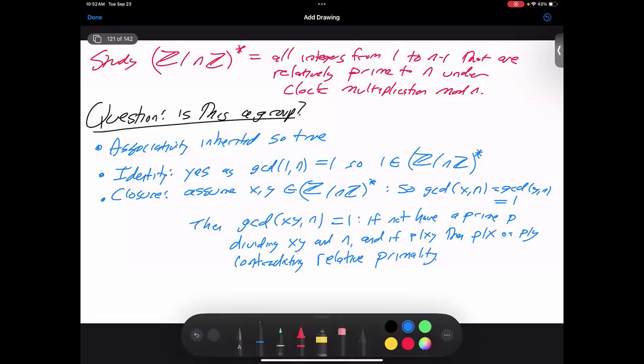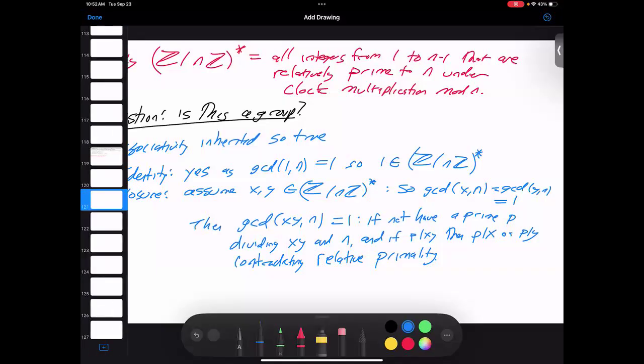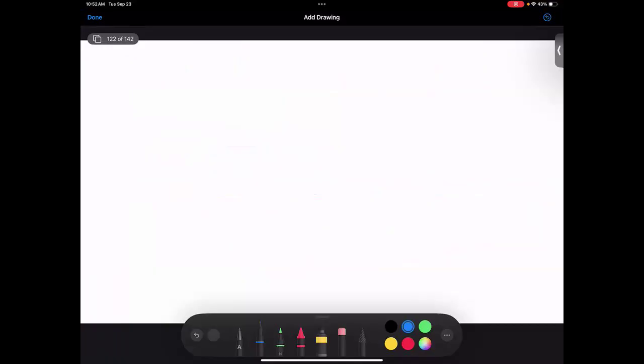Okay. So what's the only thing that's left? What do we have to show? Inverse. Right. So inverses.